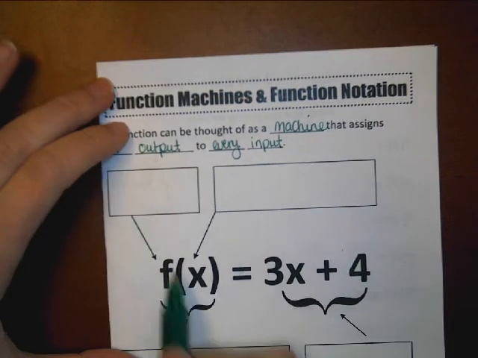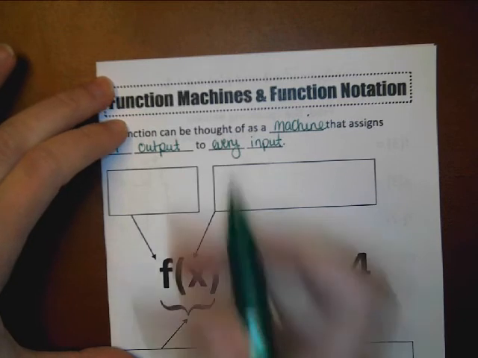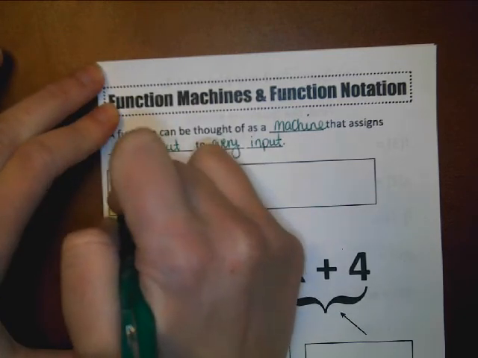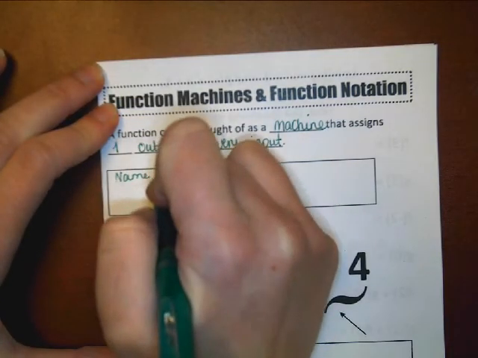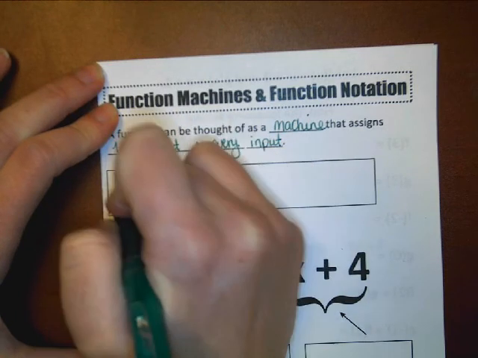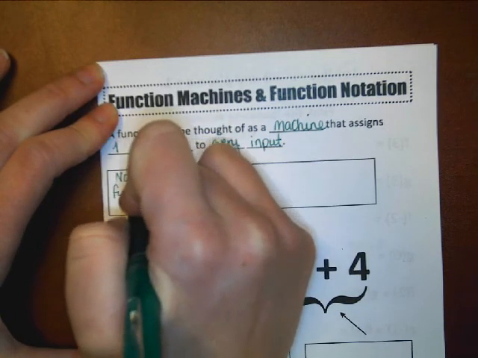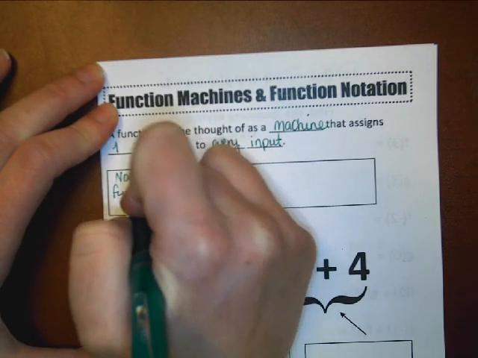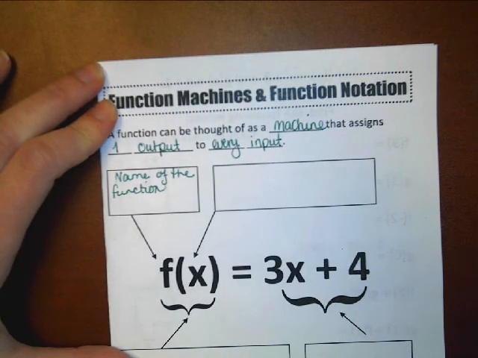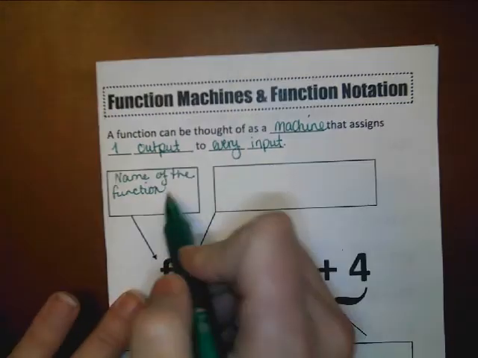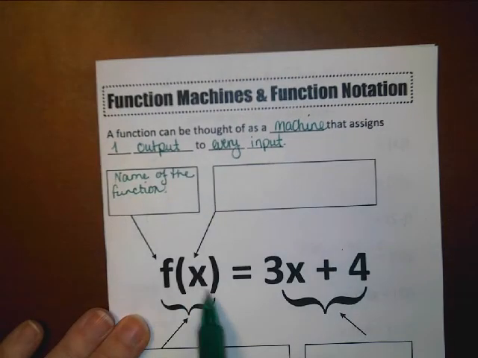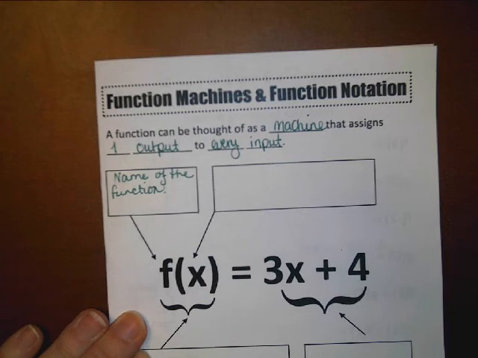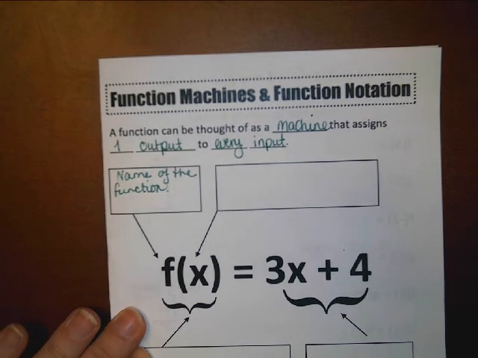So what does this F out in front represent? It represents the name of the function. So in this case, this is F as a function of X. But I could call it E, a function of Z, which is Amy as a function of sleeping.